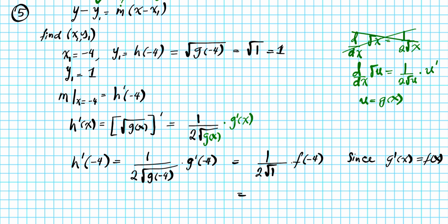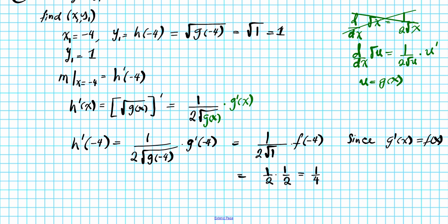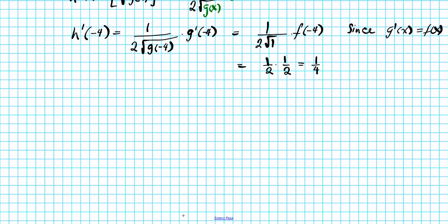So this is going to be, square root of 1 is just 1, 1 over 2 times f of -4, which is 1/2, and that equals 1/4. Okay, so that's the value of our slope, which is m. Now let's rewrite the point-slope form of the equation of a line again. Remember, it's y minus y1 equals m times x minus x1. Now we're going to put together everything we have.